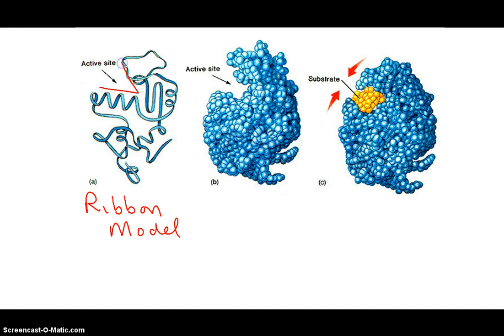There's a little cleft that the substrate would fit right into. And if we look at the ball and stick, or the space fill model, we can see the same thing. We've got an active site, and that's where the substrate fits right in, kind of like your hand into a glove. It's called the lock and key model.